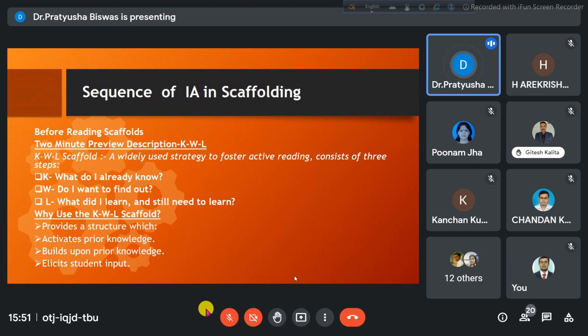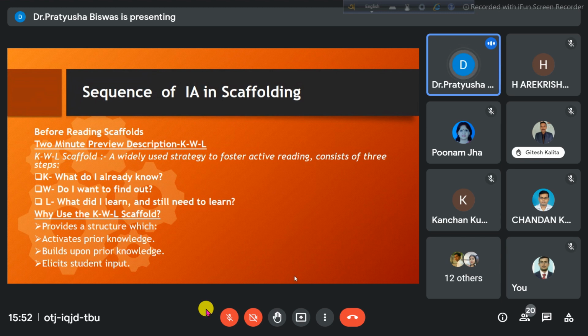Because, number one, it provides a structure which activates the prior knowledge, builds upon the prior knowledge, and then elicits the student's input. Since the knowledge is prior knowledge and it is further building upon it, the student is able to compare and enhance what he has learned.